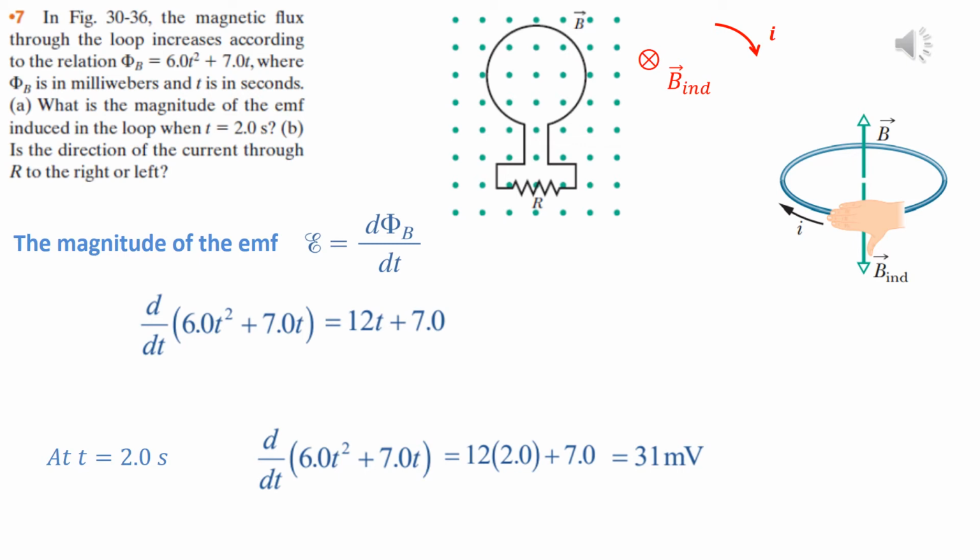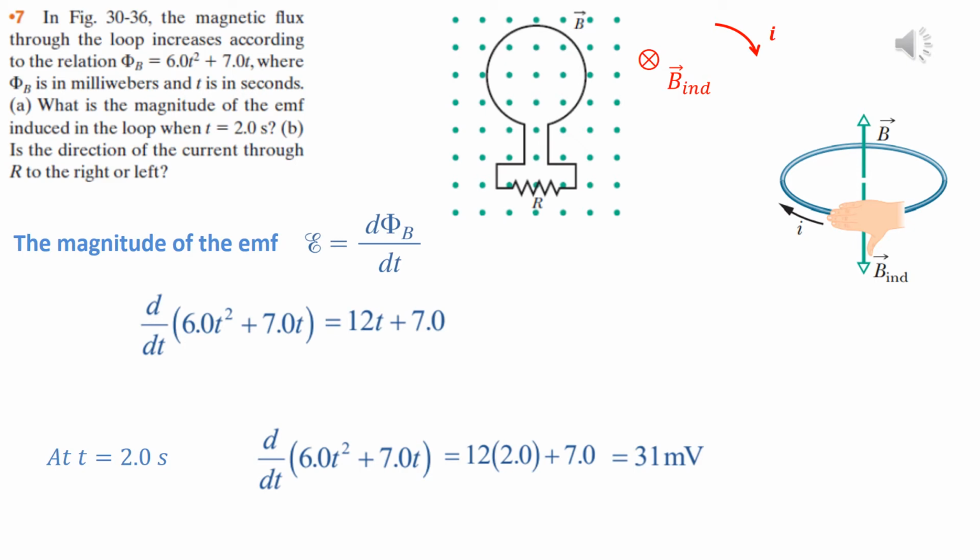Here you have directly the flux as a function of time, you derive it and get 12t plus 7. When is this derivative positive? If t is greater than minus 7 over 12. Since time is always positive, your flux is always increasing with time. Then you replace the 2 seconds in 12t plus 7 and you will get 31 millivolts, because don't forget the flux is in milliweber.